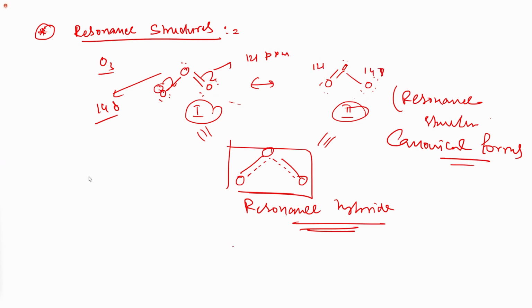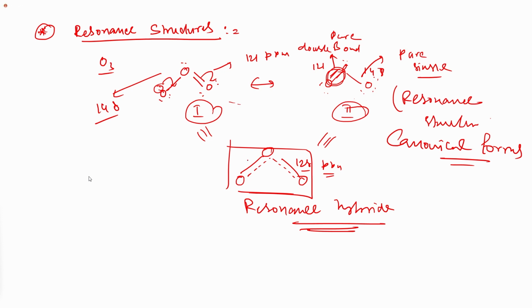But experimentally, this bond length is 128 pm. Why? Because in the canonical forms, this bond is a pure double bond, and this is a pure single bond.